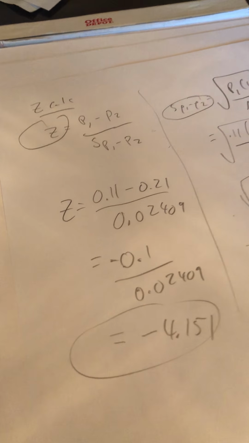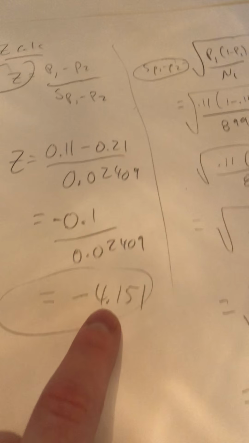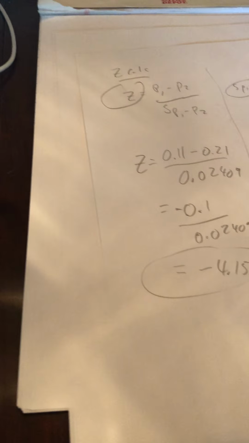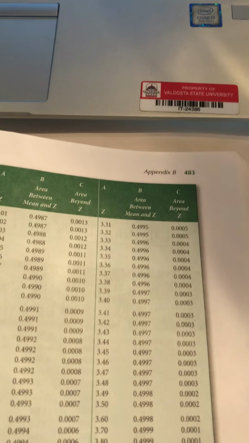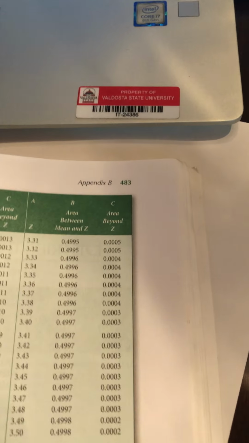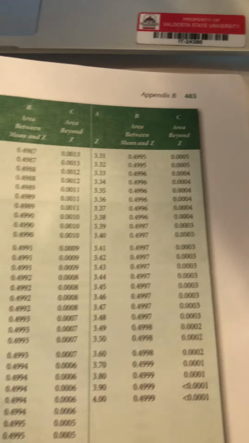In this case, I don't have one, so let's just take a look at how that works out. We've got a z of negative 4.151. And remember that the z table is symmetrical, so if it's negative, we can treat it like a positive. Don't get hung up on that.